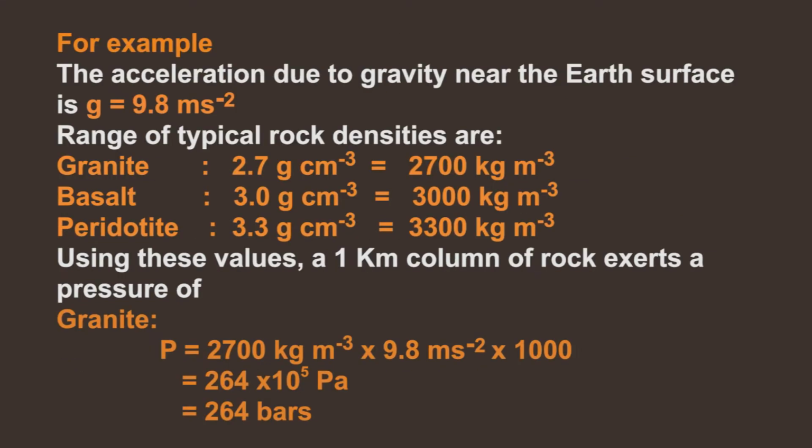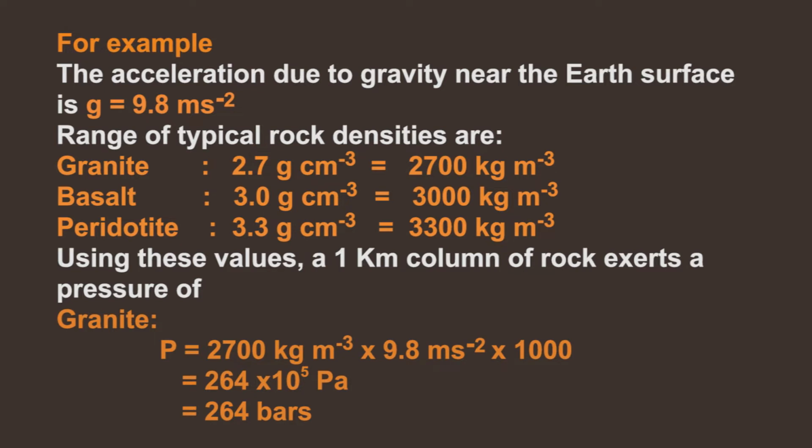For example, the acceleration due to gravity near the surface is small g equal to 9.8 meter per second square, and the range of typical rock densities are granite 2.7 gram per centimeter cube equal to 2700 kg per meter cube, basalt 3.0 gram per centimeter cube or 3000 kg per meter cube, peridotite 3.3 gram per centimeter cube or 3300 kg per meter cube.